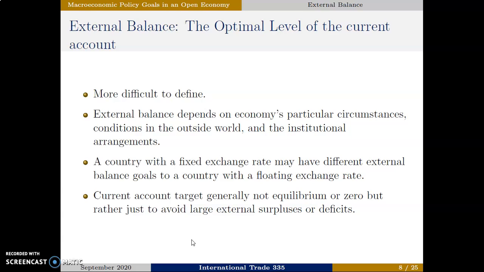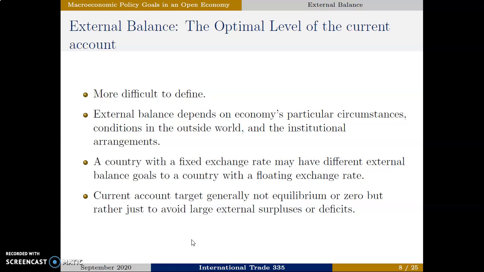External balance refers to an optimal level of the current account. This is more difficult to define than full employment of resources and the price level. The reason for this difficulty is that the external balance depends not only on the country's ability to produce for the world market, but also on the external conditions in other countries.